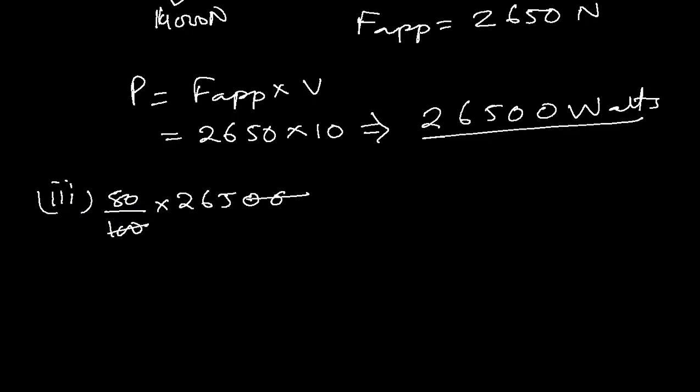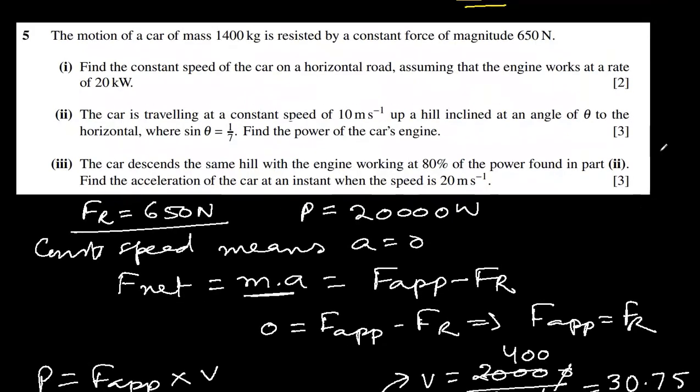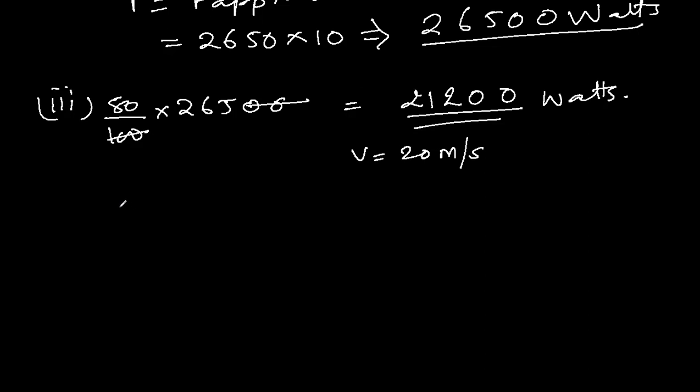So the two zeros cancel out, and this will be equal to 21,200. This is the power now. Speed is given as 20 meters per second. And they're asking to find the acceleration of the car at this instant.